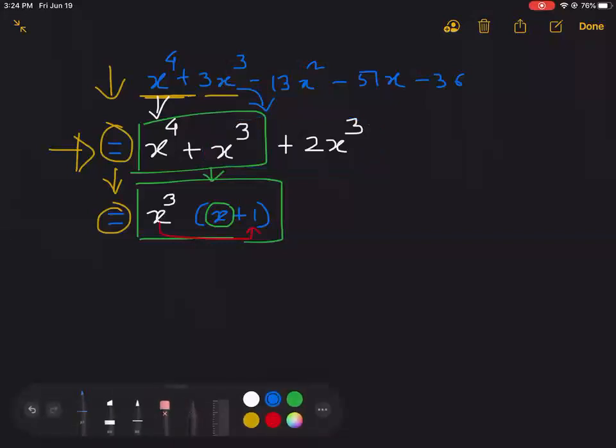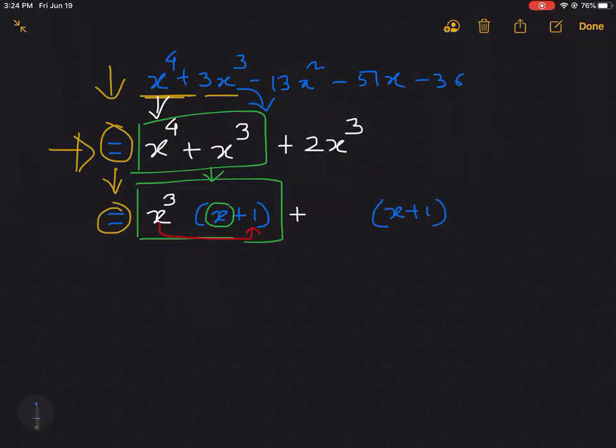Okay. Now, plus, again, I'll factor out x plus 1 from the first term we have in our hands. Okay. And if I factor out x from this 2x cubed, what will be left? Can you see that? If I take 1x from it, no, not x squared. Anyone else? Just factor out 1x from that.